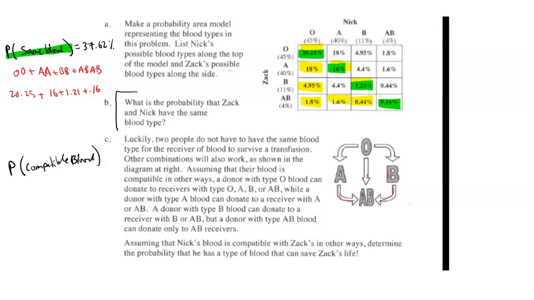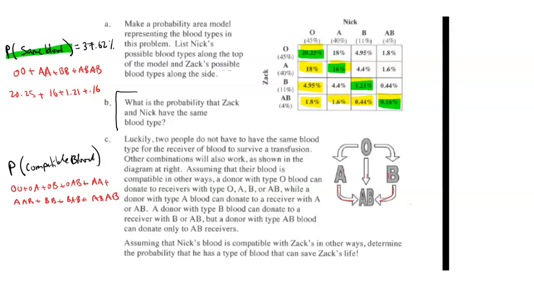And unfortunately, AB is stingy and only wants to give to itself. So these numbers: OO, OA, OB, OAB, and then AA, AAB, BB, BAB, and then ABAB.